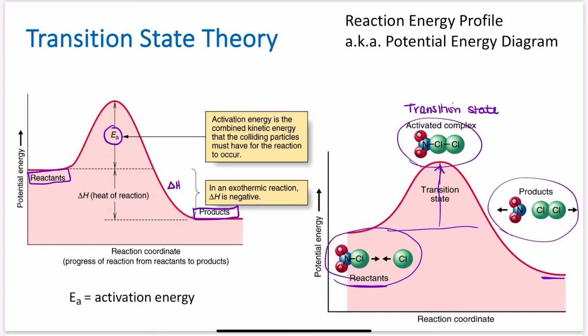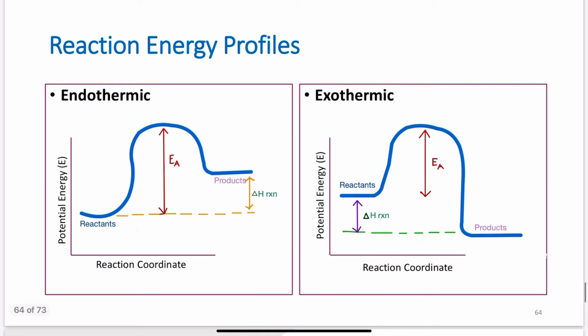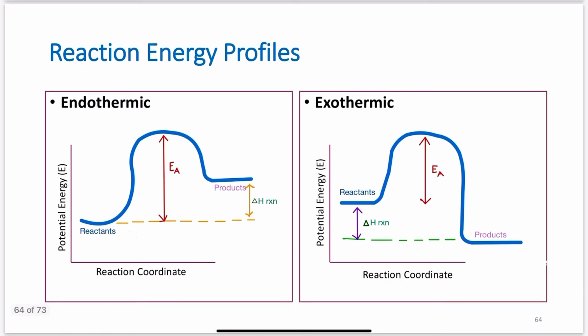You need to be able to understand these. You need to be able to draw these reaction energy profiles. So here's one drawn, not great, but you get the point. An endothermic process, you've got your reactants. Your products are at a higher potential energy. Endothermic means that I put energy into that system. The delta H of reaction here would be a positive value.